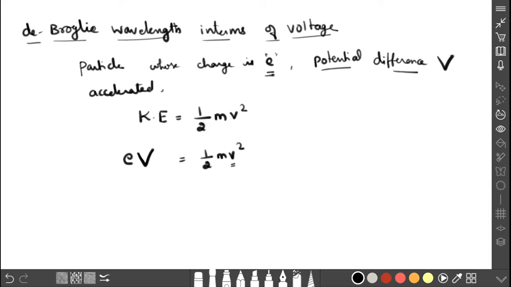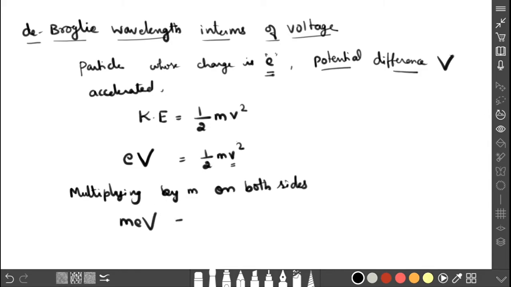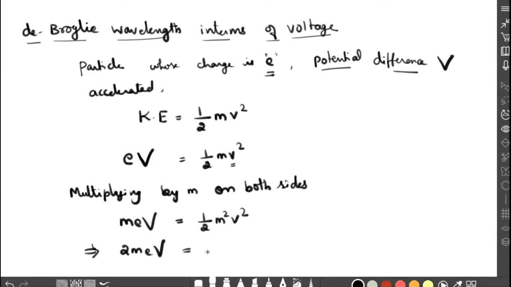The same step I am going to do, that is multiplying by m, small m, on both sides. So what will happen now? On the left hand side it will be m e V, equal to half m square v square. The 2 will come here. So 2meV is equal to m square into small v square.